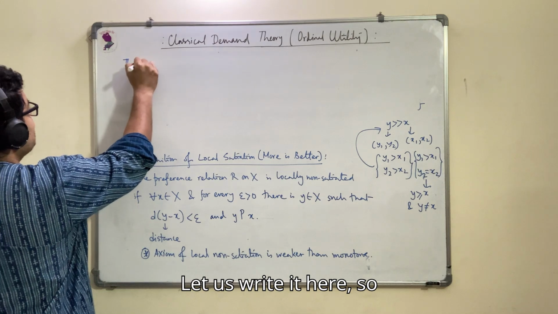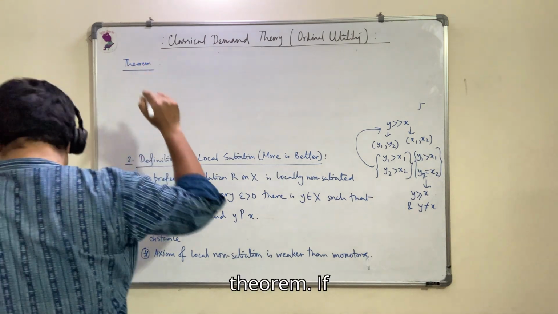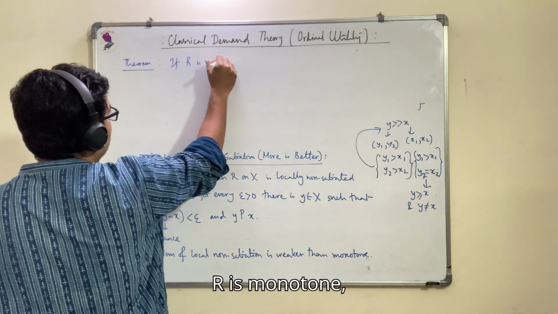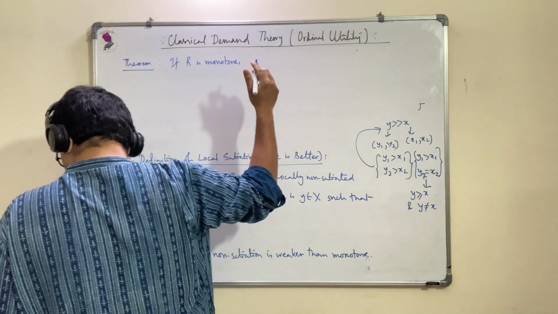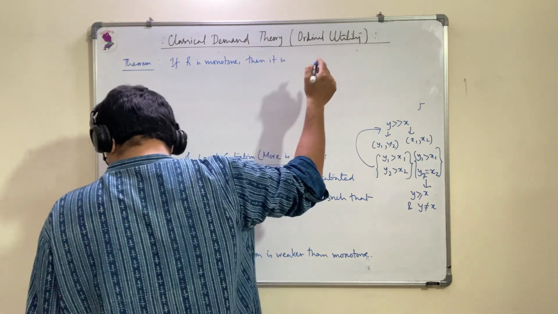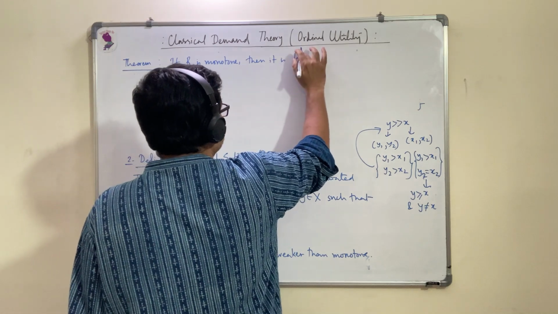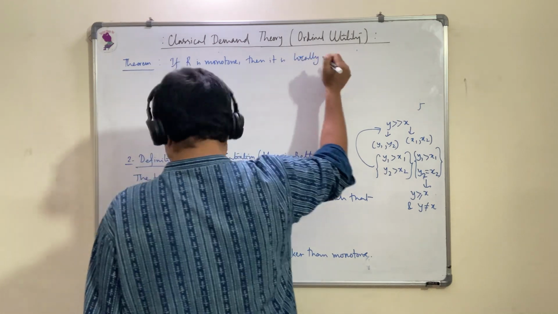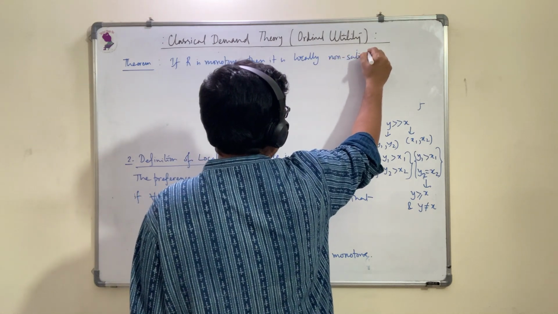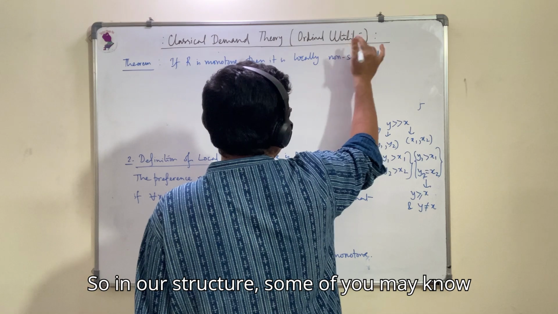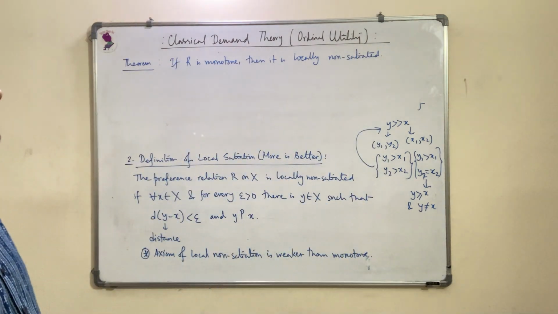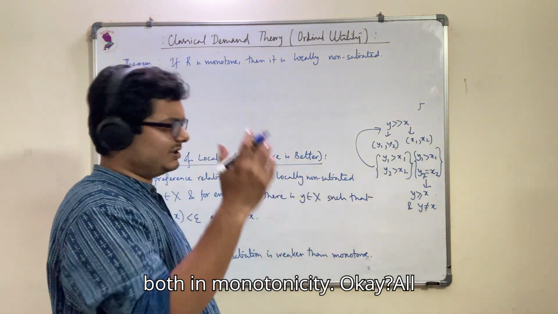Let us write it here. Theorem: if R is monotone, then it is locally non-satiated. So in our structure, some of you may know that what we take is local non-satiation. We do not go till monotonicity.